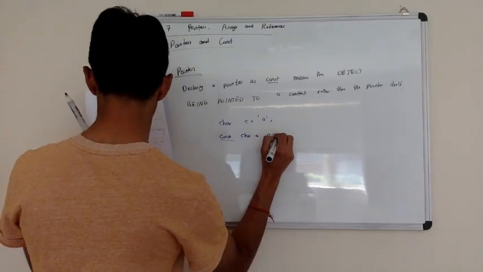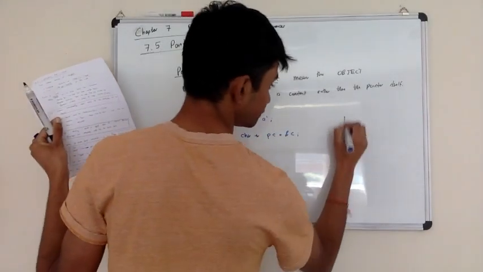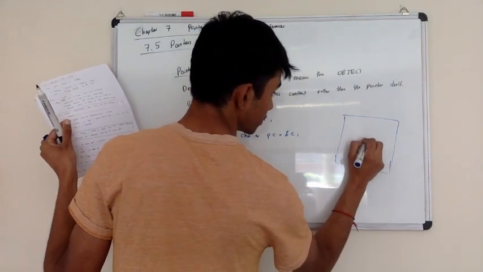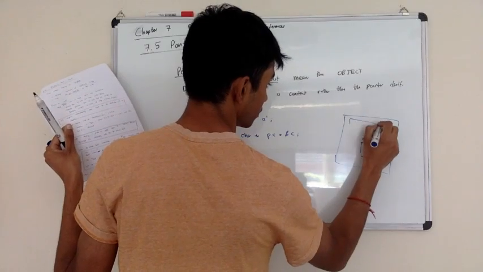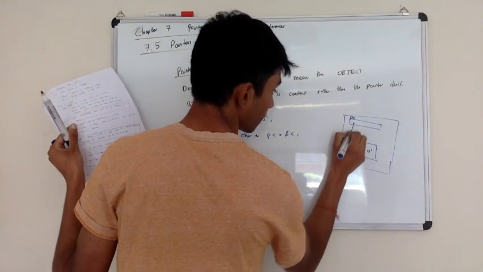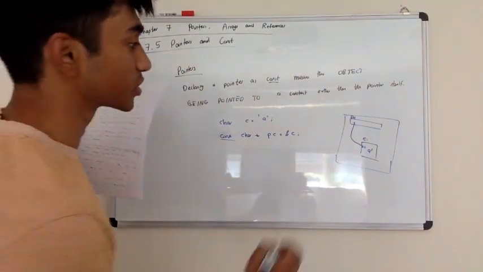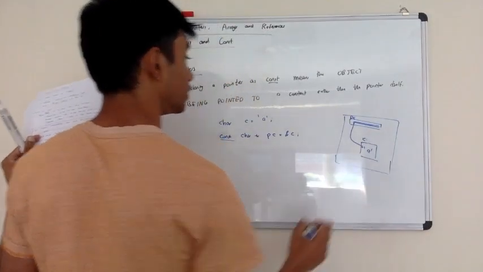So in memory, you have the c label with the character A, and then you have the pc variable, which is a pointer that points to A, like that. So the value in here is the address of this byte here.